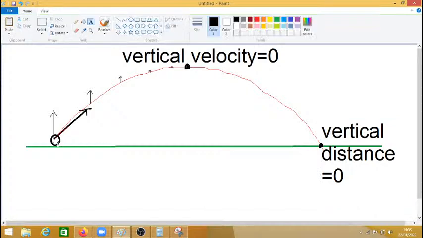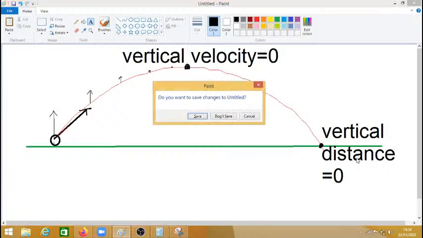It was 0 meters above the ground at the beginning, and it will be 0 meters above the ground at the end. So that's how you can find out the total distance it's traveled and the time it's taken by using those two facts, if you can understand them.